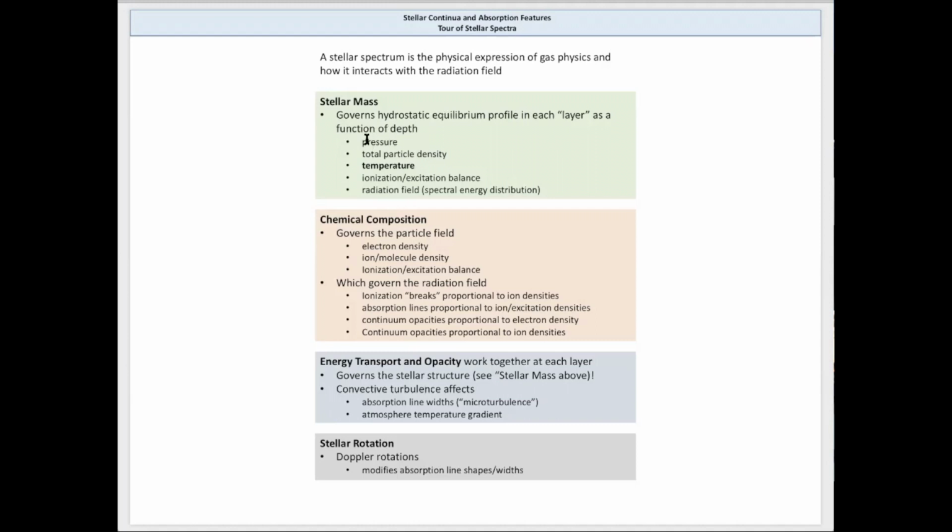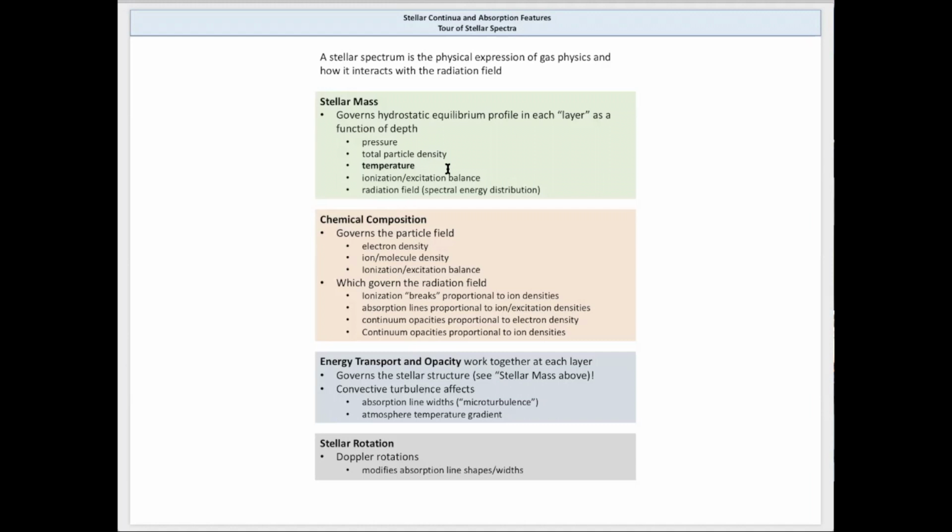That gives you at each layer the pressure. Ideal gas law, that means you get the particle density. You can get the temperature through the relationship of P, N, and T: P equals NkT. And then at a given temperature, density and particle pressure, you get ionization and excitation balance going on. And that governs what you're going to see in the spectrum.